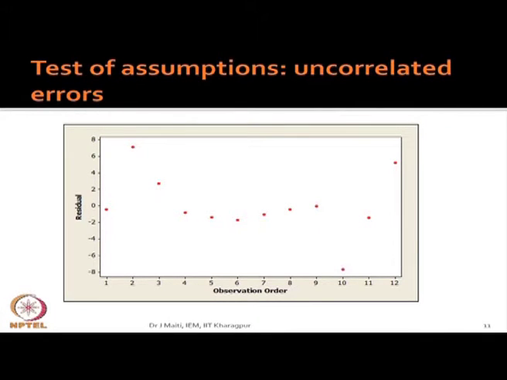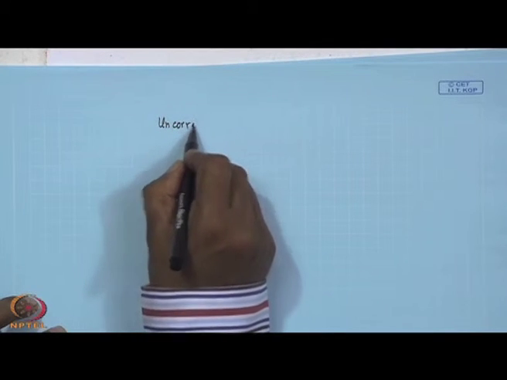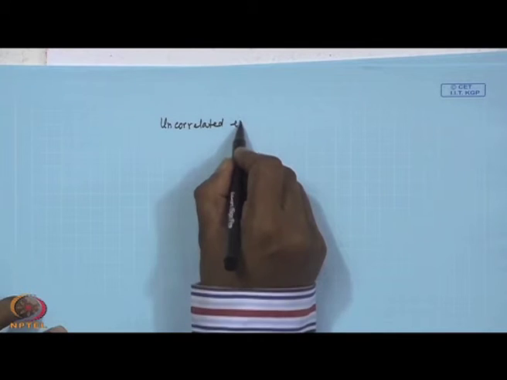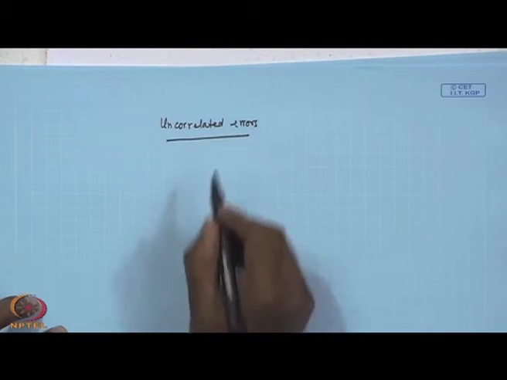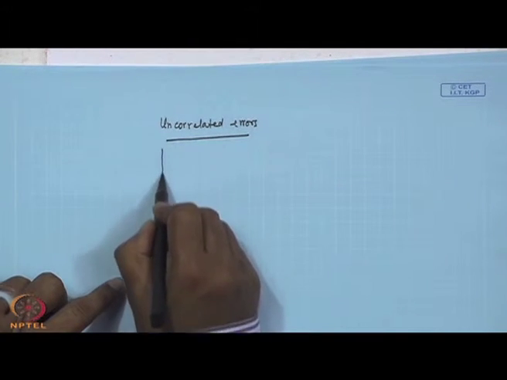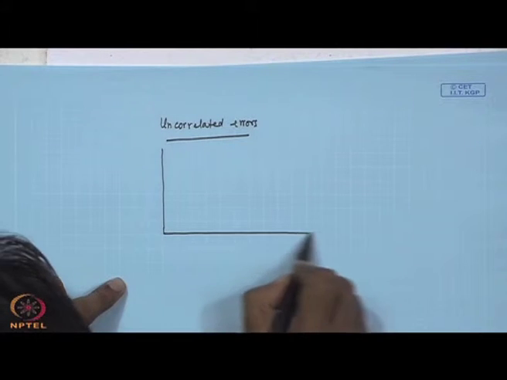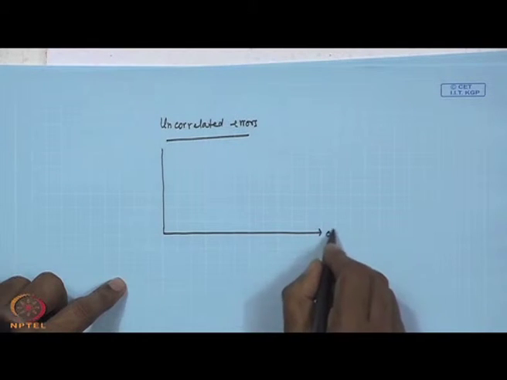Another assumption was uncorrelated errors. Here the plot is residual versus observation order.